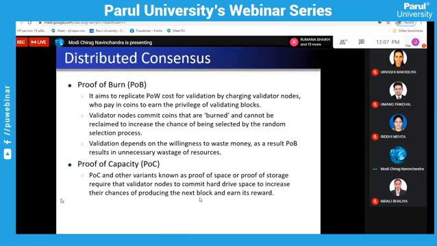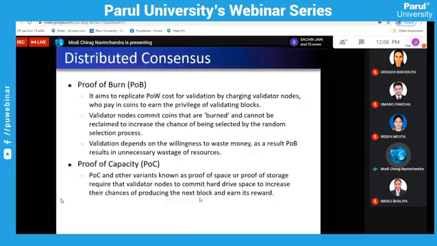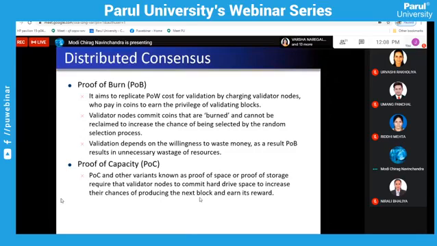So these are the various consensus mechanisms. If you want to do research, you can come up with a new consensus mechanism for solving the speed and scalability issue while considering the trustworthiness of the data among untrusted entities. So how to generate trustworthy data among untrusted entities? This is the problem of blockchain consensus.